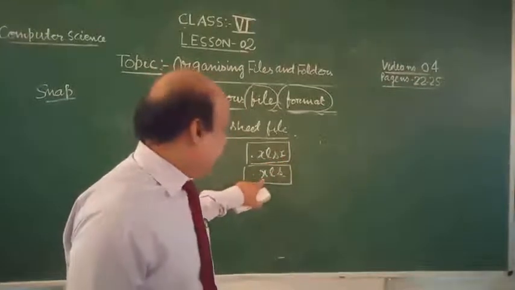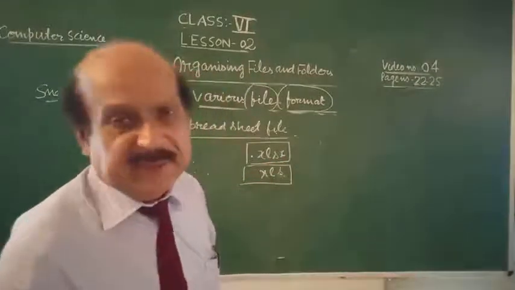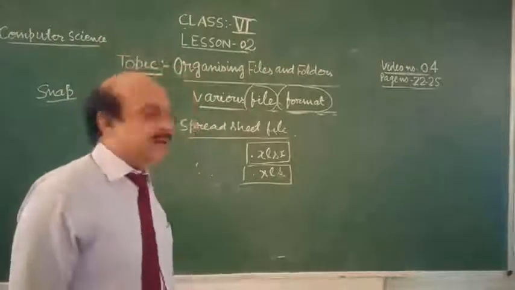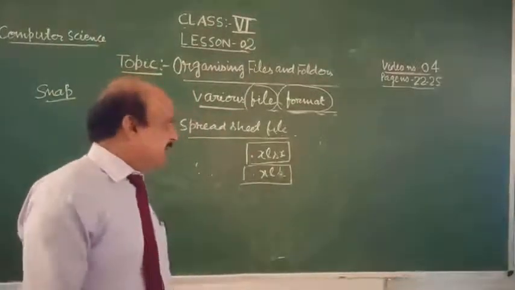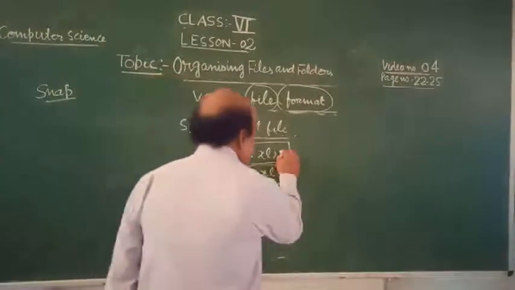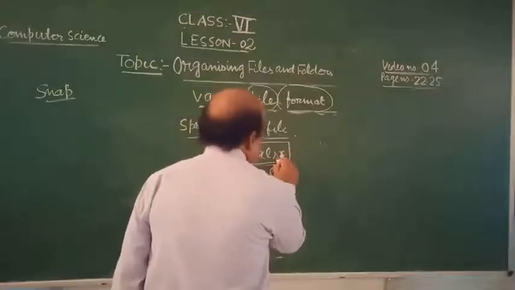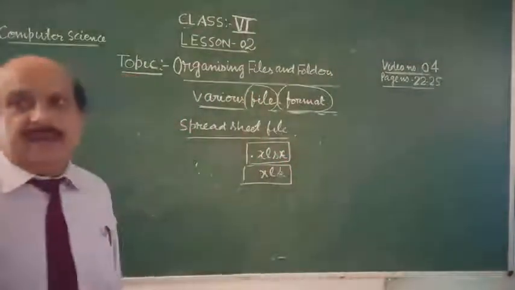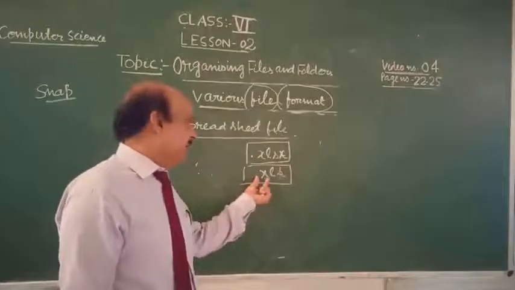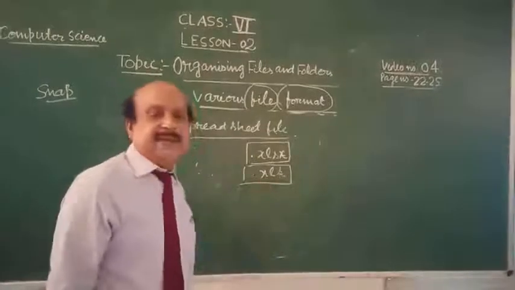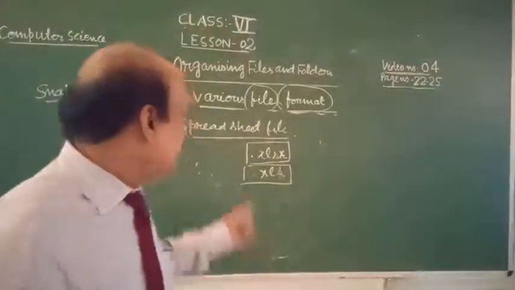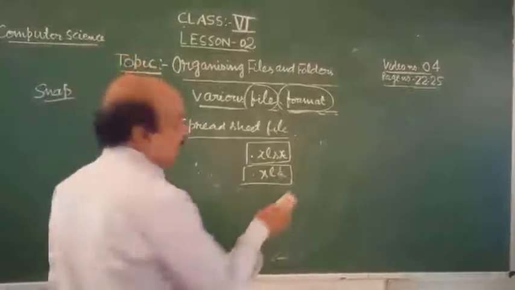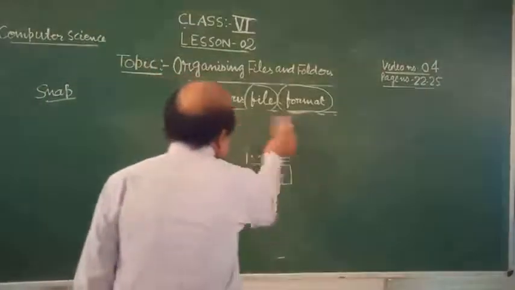Second, XLS. So whenever you find a file with the extension .xlsx, you can say this is a spreadsheet file. Or if you find .xls, you can say this is a spreadsheet file.